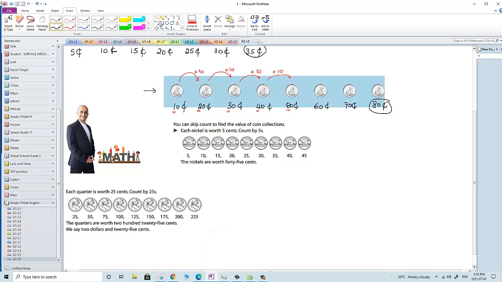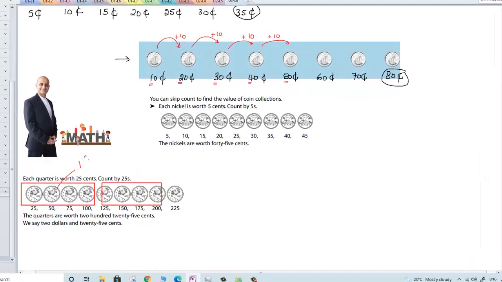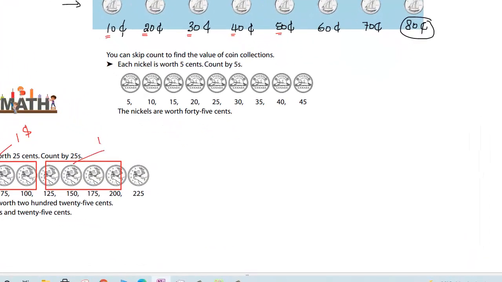We can use this in an easy way. I know that $1 is 4 quarters. I have another 4, so why not? I can take this group, and say another group of, so that means I have $1 here because I have 4 quarters, so this has a value of $1. This has a value of $1.